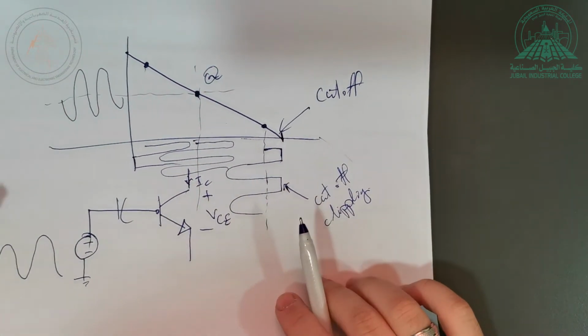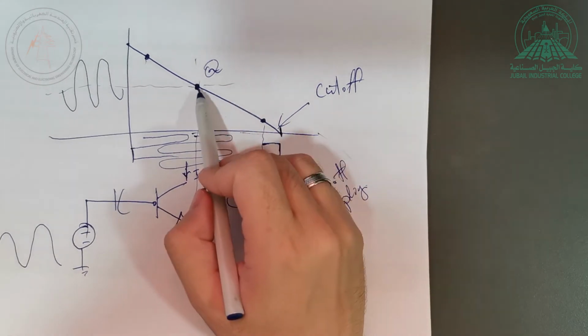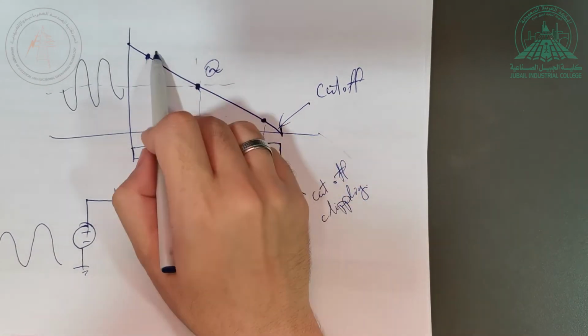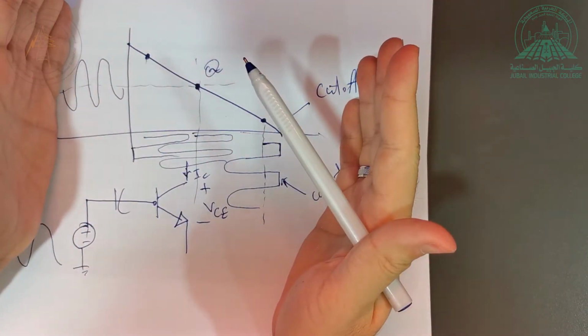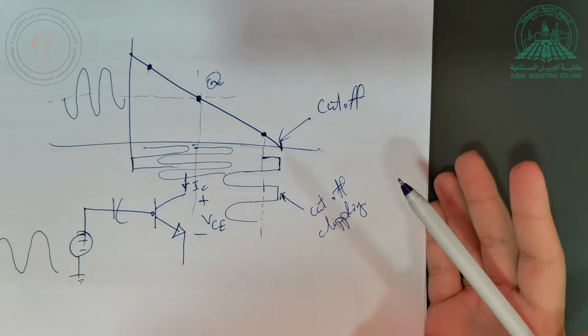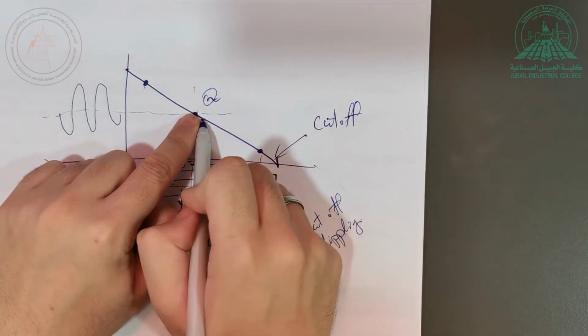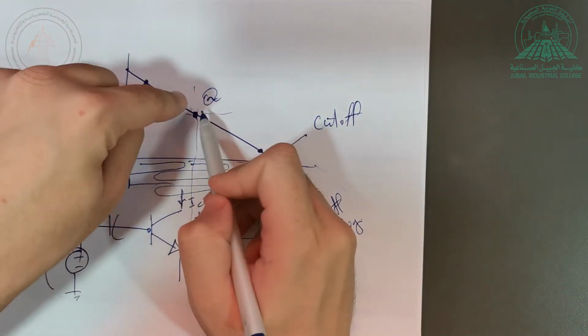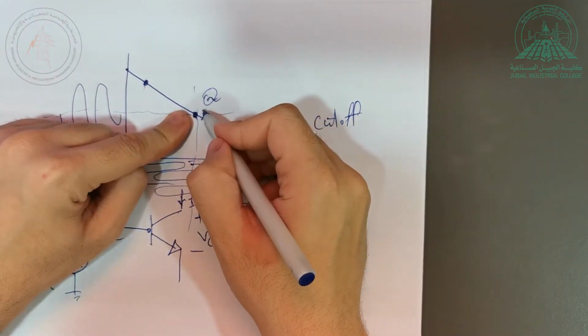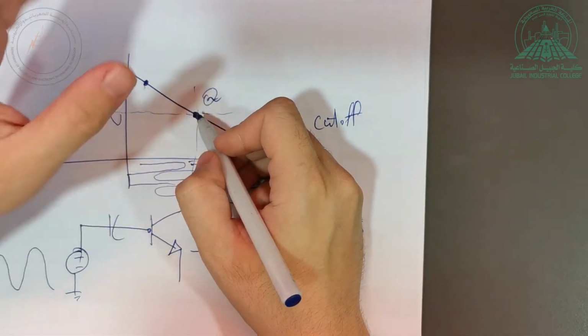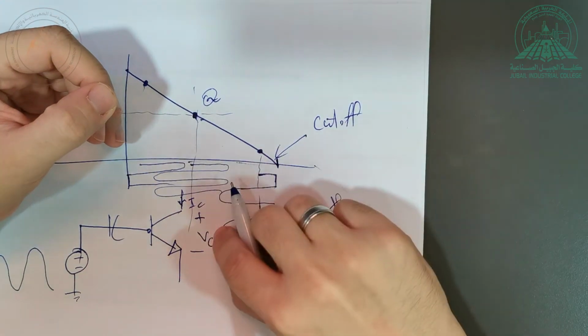So now if I ask you, what is the best point you should work? Should you work here or here, next to the cutoff or next to the saturation, or where? Of course, the obvious answer is you should work in the middle. So the optimal choice of Q, the optimal choice of where you should work, you should change R2.